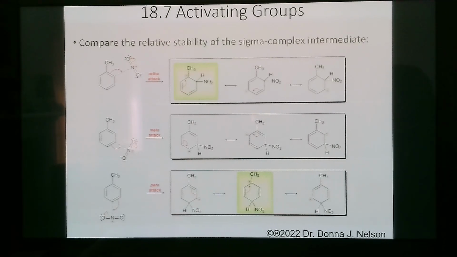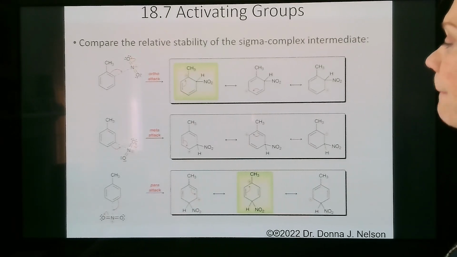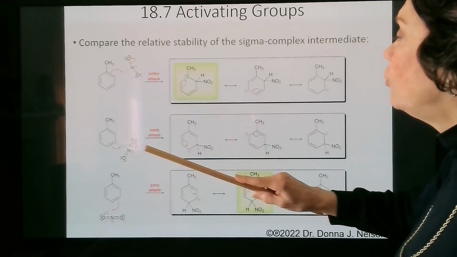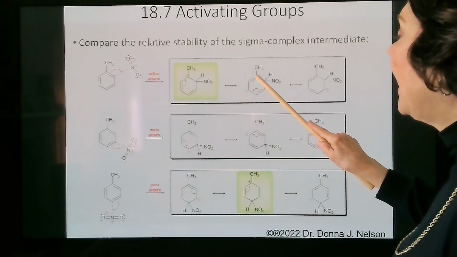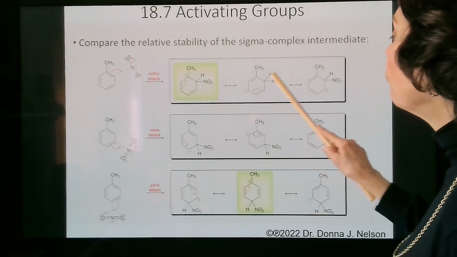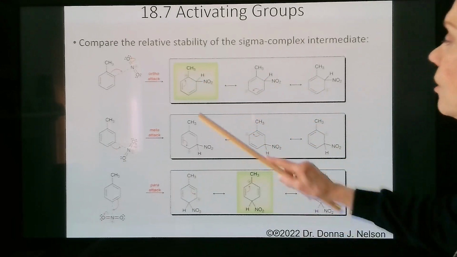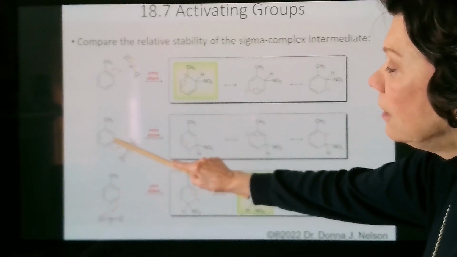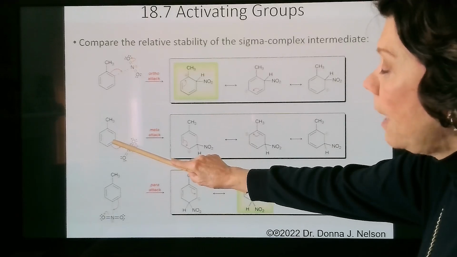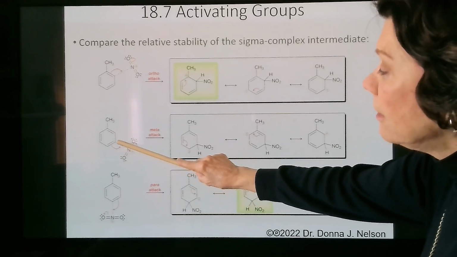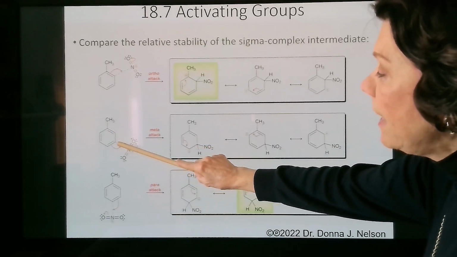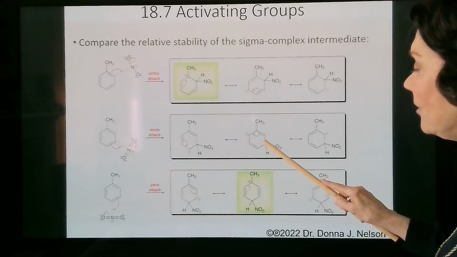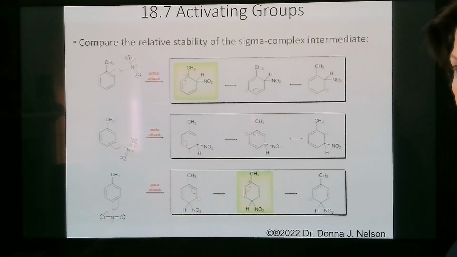So if you look at what's happening, you can see attack at the nitrogen bearing the positive charge to give the cation, and these three resonance structures correspond to that cation. Here, if this pi bond attacks so that the bond is formed between the meta position carbon and the nitrogen, then this is the carbocation that is obtained.